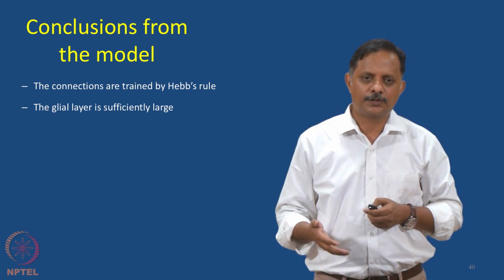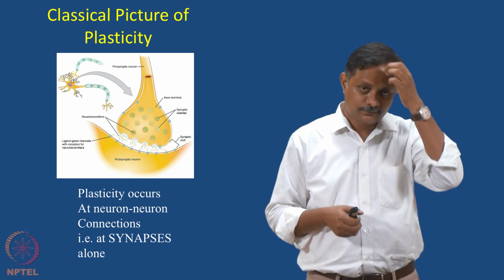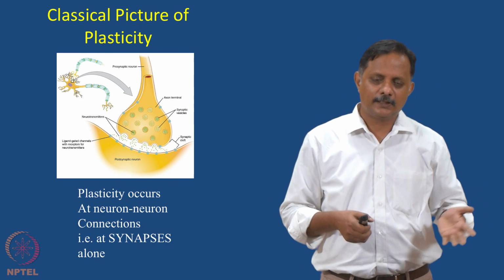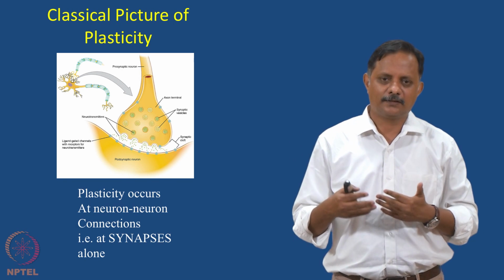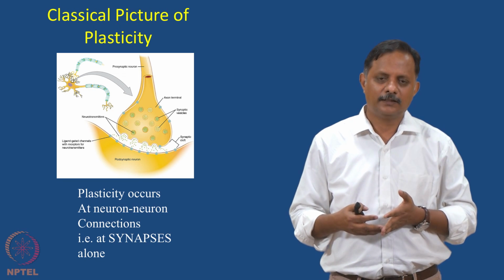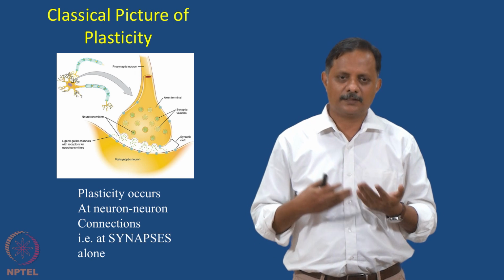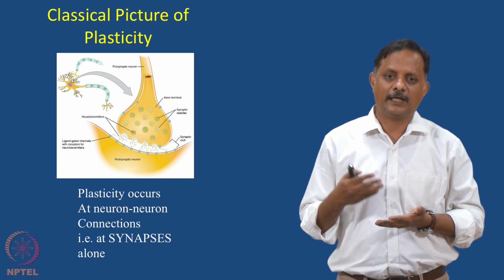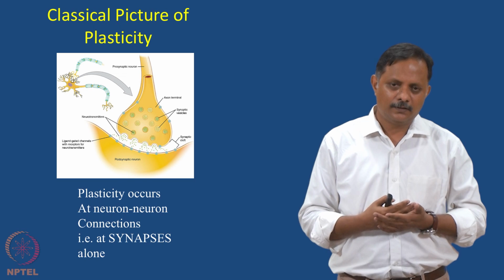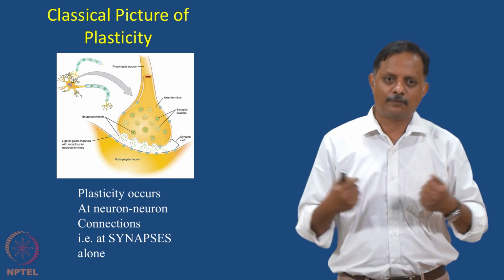Now, what is the conclusion or implication of this from a biological point of view? We know from the course that variation in synaptic strength is called plasticity, right? And very often we have seen that the ongoing activity in the synapse controls its plasticity, which is therefore called activity dependent plasticity. Now plasticity is normally attributed only to synapses, that is, to the interactions among neurons.